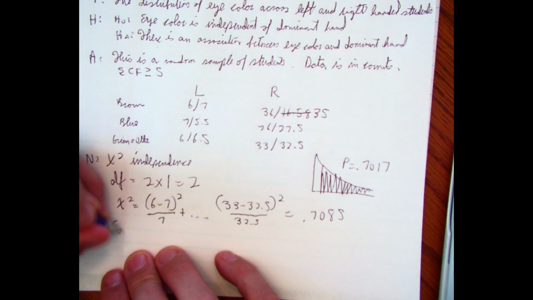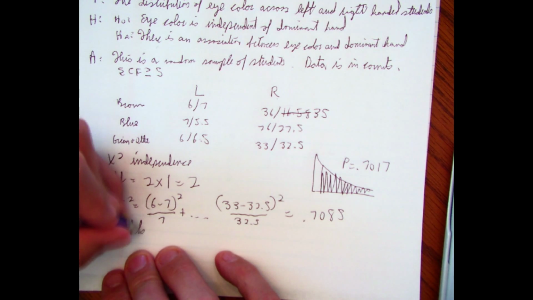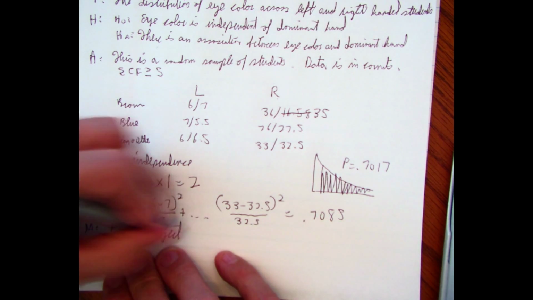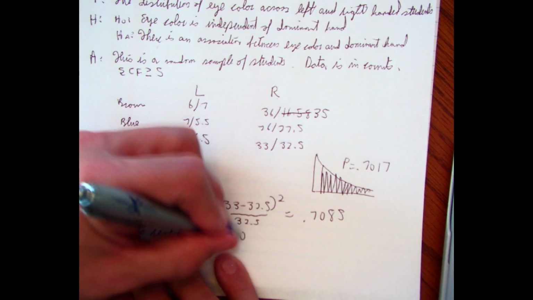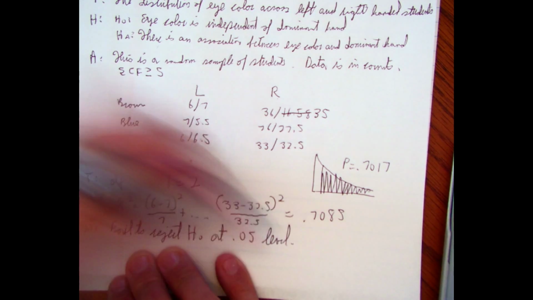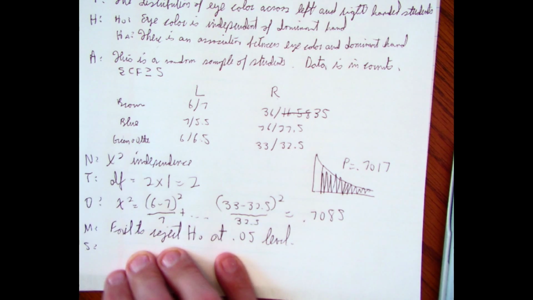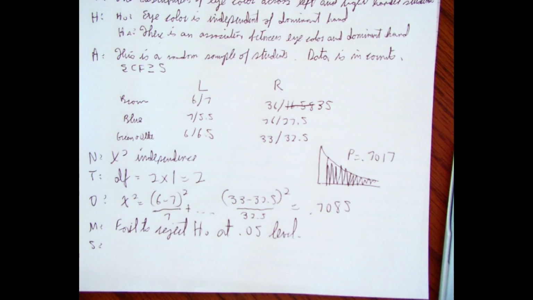So this time we fail to reject H sub 0 at the 0.05 level. And so what do we say? Now again, be careful. Don't say that these are independent, because that's accepting the null hypothesis.